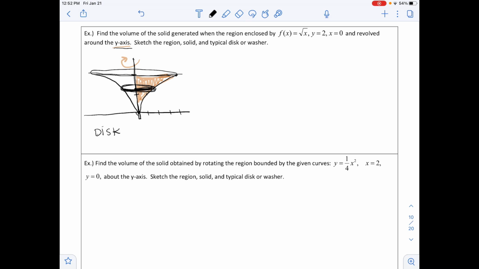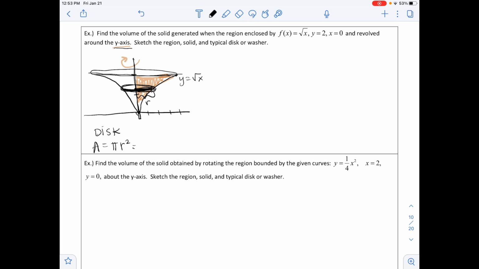And so in order to find the area for our disk, it's pi r squared. So let's talk about what the radius would be. The radius here, r, depends upon the function that we just sketched, which is y is equal to the square root of x.